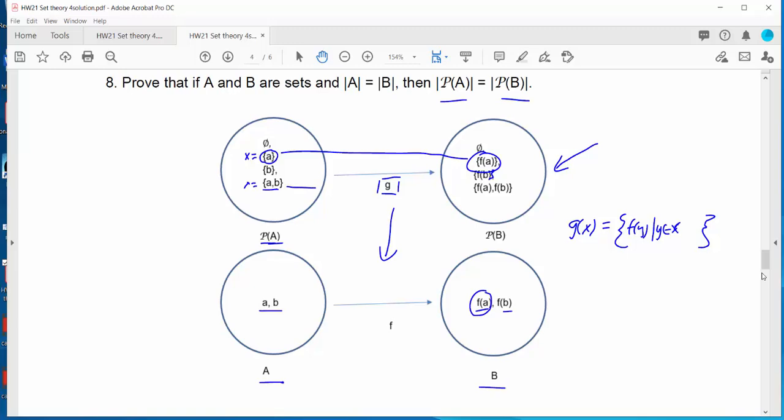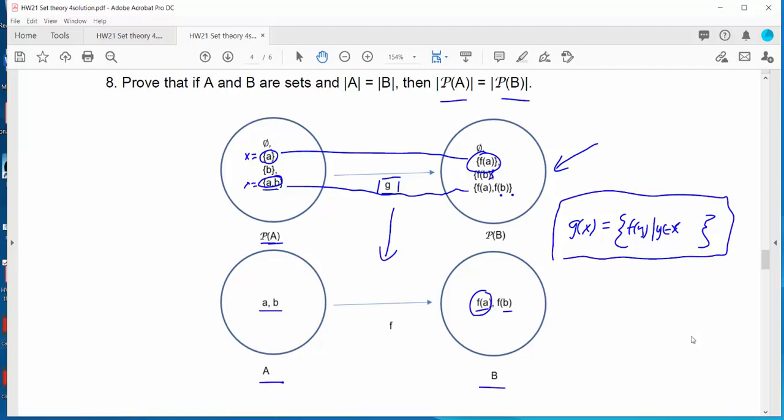That's going to map, G is going to map that onto the set that contains f of A and f of B. So G of AB equals the set of all f of Y, in this case f of A and f of B, such that A and B are members of X. So you're going to want to use this insight into the nature of G in order to prove that G is a surjection and that it's also an injection.